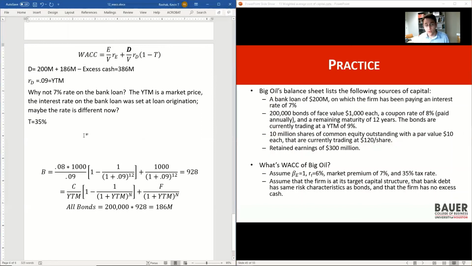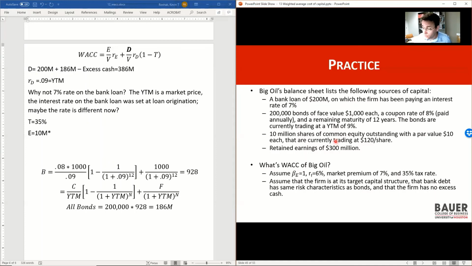So what is our equity worth? Well, we have 10 million shares. How much is each share worth? This par value thing, that's a bit of a red herring. I don't even know what that means in accounting terms. That has some accounting meaning. It's not a market value. We care about market values. If you go back to the sangria example, we got rid of the book values and we only use market values.